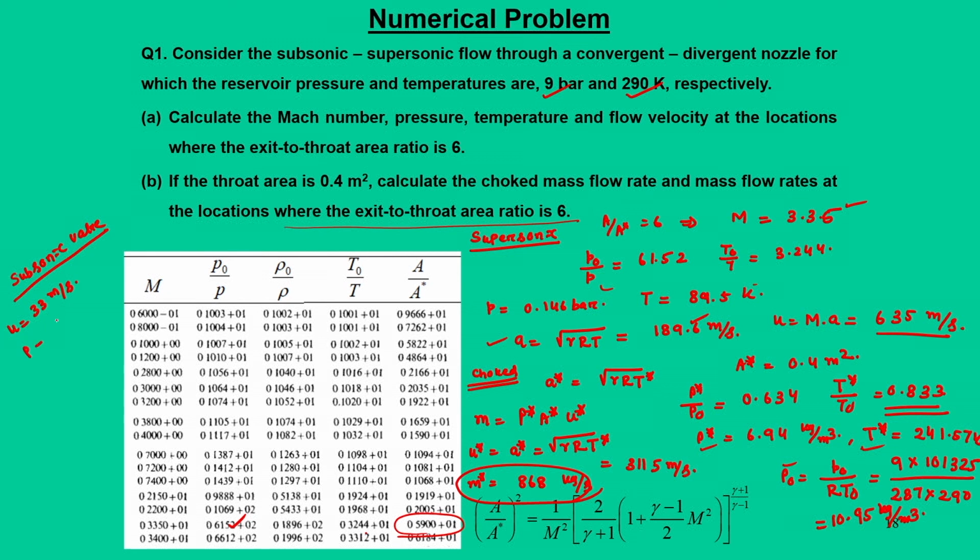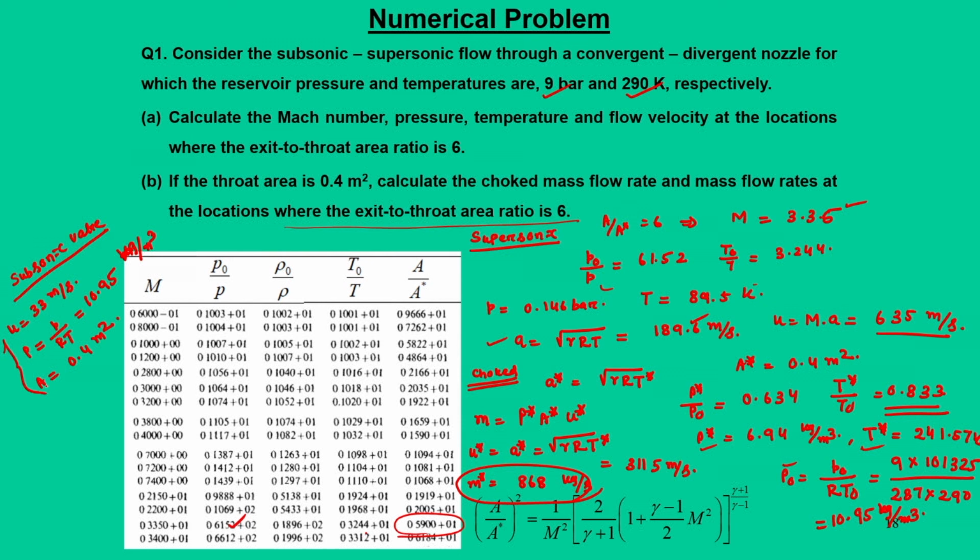At that point your density is equal to P by RT, that can be calculated as 10.95, because at subsonic flow density is close to stagnation density. So, kg per meter cube, and A is 0.4 meter square.